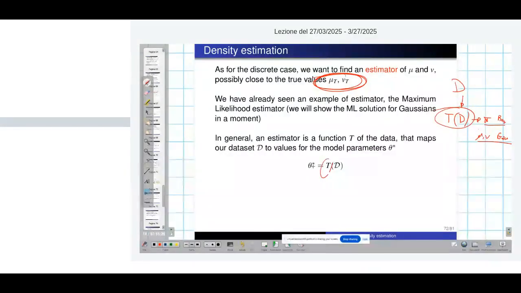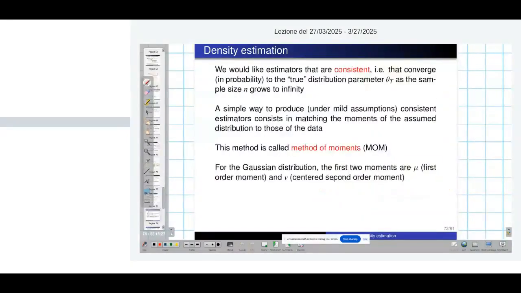The maximum likelihood procedure is a function t. It's defined as the arg max over theta of the likelihood function, which is the likelihood of the parameters, and implicitly, we didn't write it, but it's a function of the data as well. So it's a function that, given the data, will return me parameters. This is not the only one. There are several others, but we will not see them.